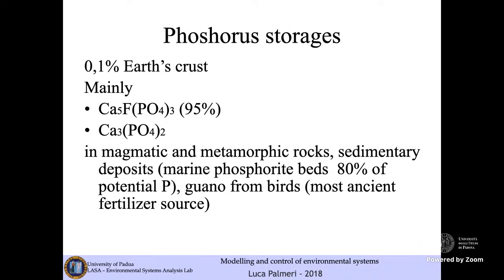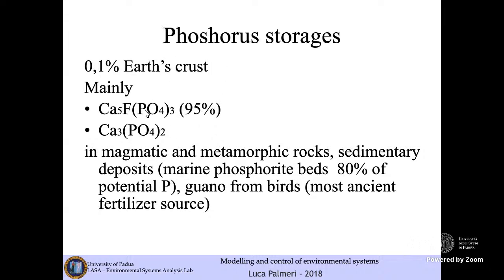Concerning phosphorus storages, we may say that only 1% is in the earth crust, and this is mainly in the form of calcium compounds, biomolecules, 95% of this 0.1%.